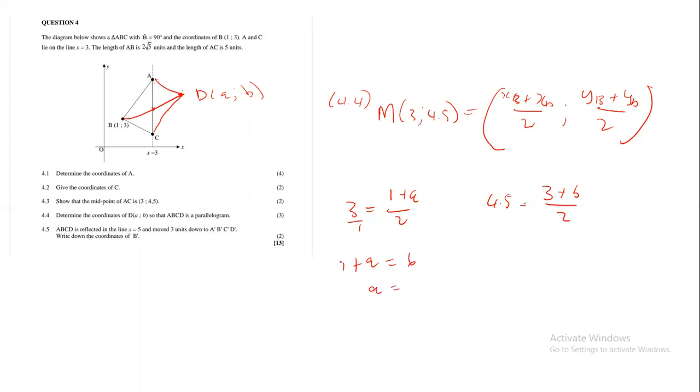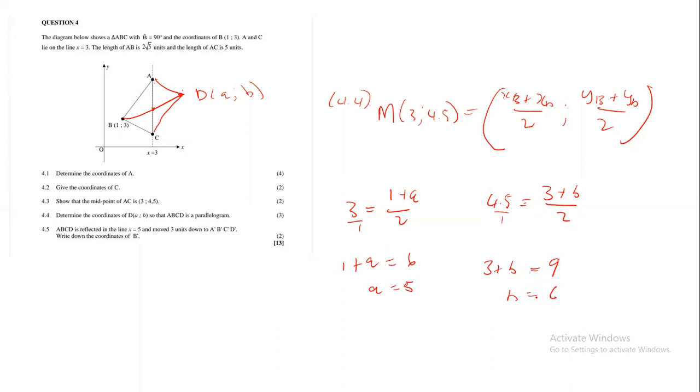And therefore, a in this case, I transpose 1 to the other side of the equation, a is going to be 5. And therefore, on this side, 4,5 over 1, I cross multiply. I have 3 plus b is equals to 4,5 multiplied by 2, which in this case is going to be 9. Okay, it's going to be 9. And therefore, I transpose 3 to the other side of the equation, which is going to be 6, right?